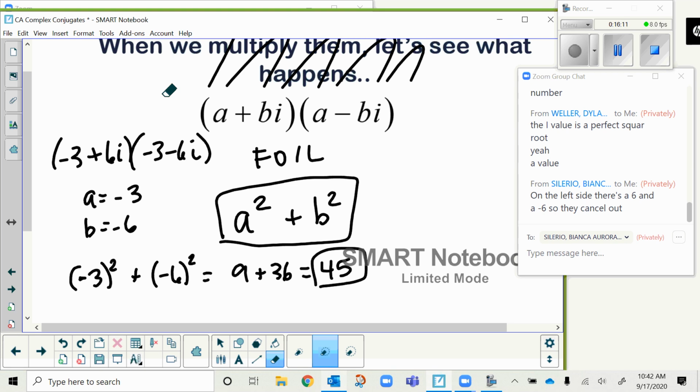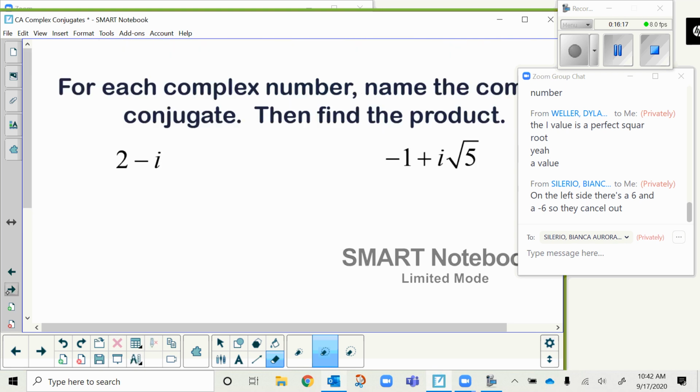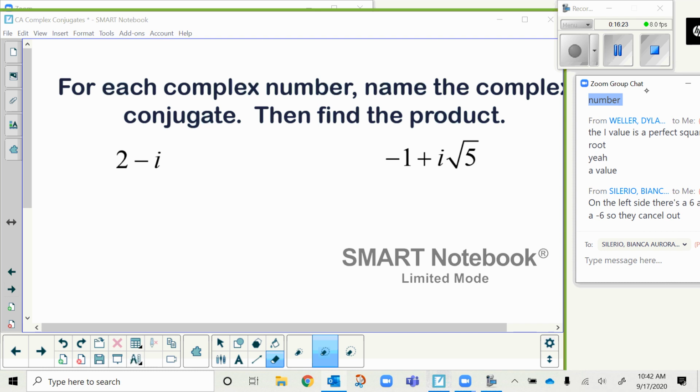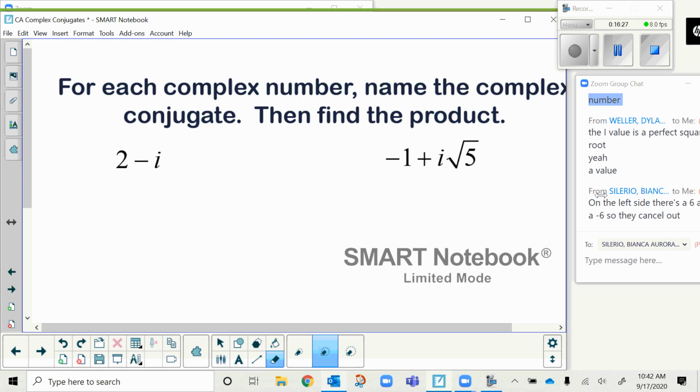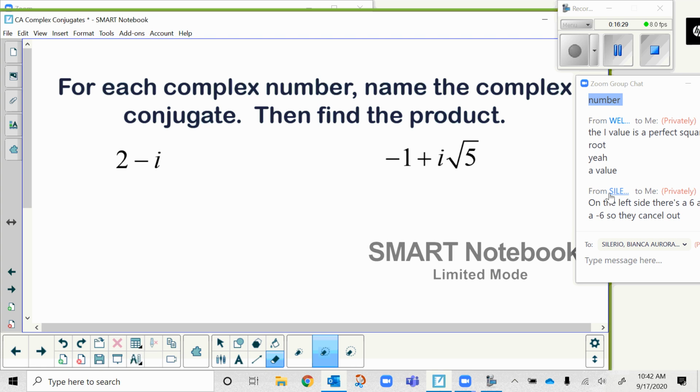Before we do some practice, does anybody need to screen up anymore? Okay, here we go. So this says, for each complex number, name the complex conjugate and then find the product.